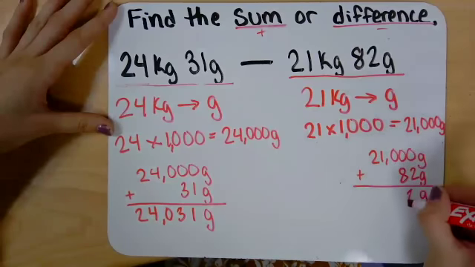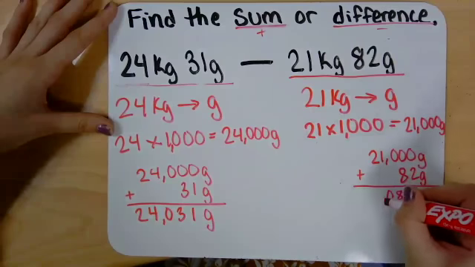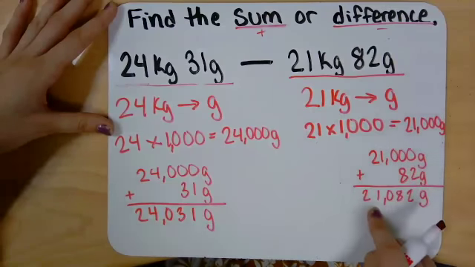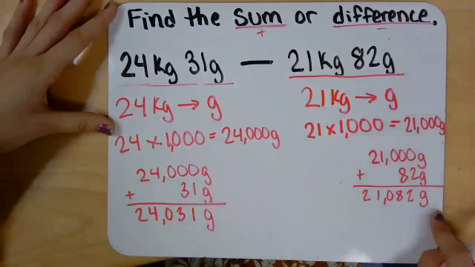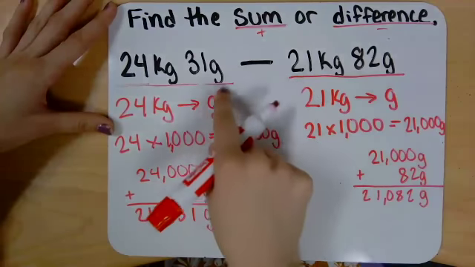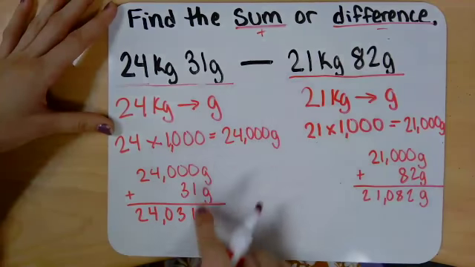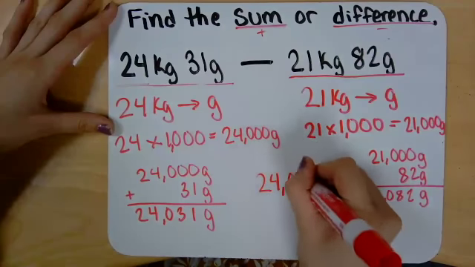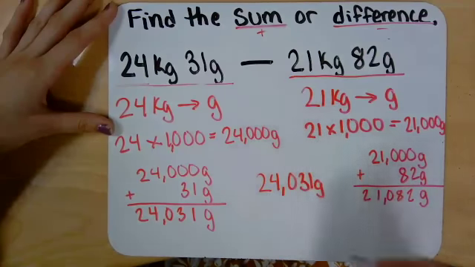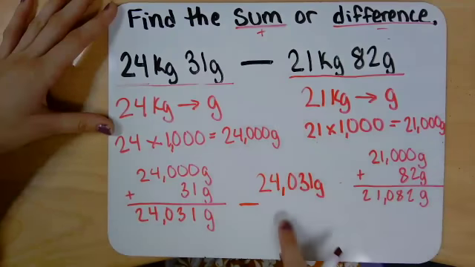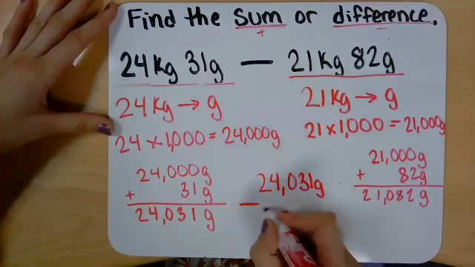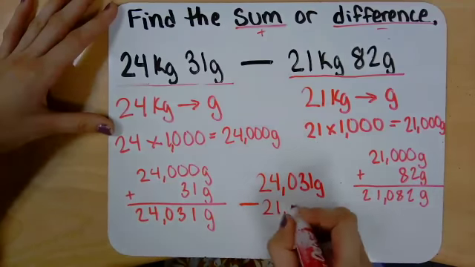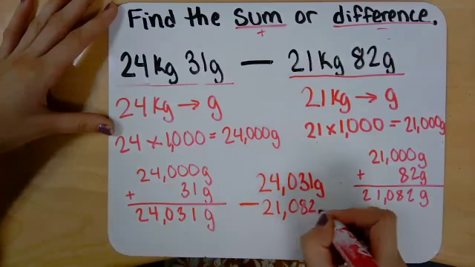Together, it equals 21,082 grams. All right, so we have both halves, but we're not done. We still need to subtract. Okay, so for the first part, we got 24,031 grams. And we are subtracting our second part, which was 21,082 grams.